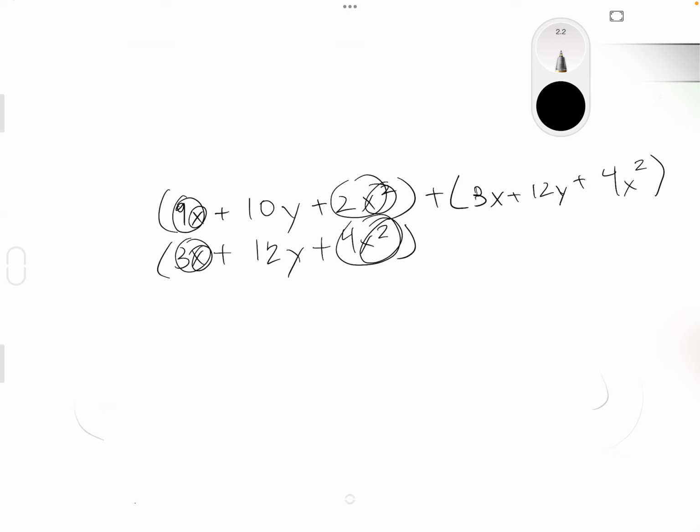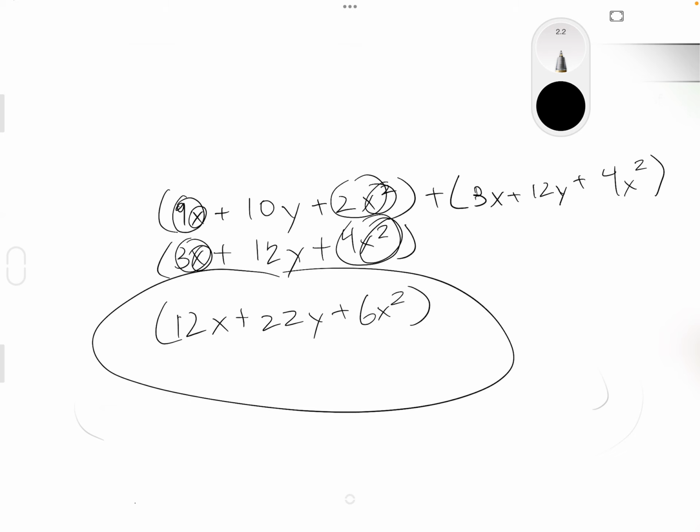So first let's add 9x and 3x, which would be 12x. And then we could add 10y and 12y, which would be 22y. Okay, and then 2x squared plus 4x squared would be 6x squared. And then there's the answer.